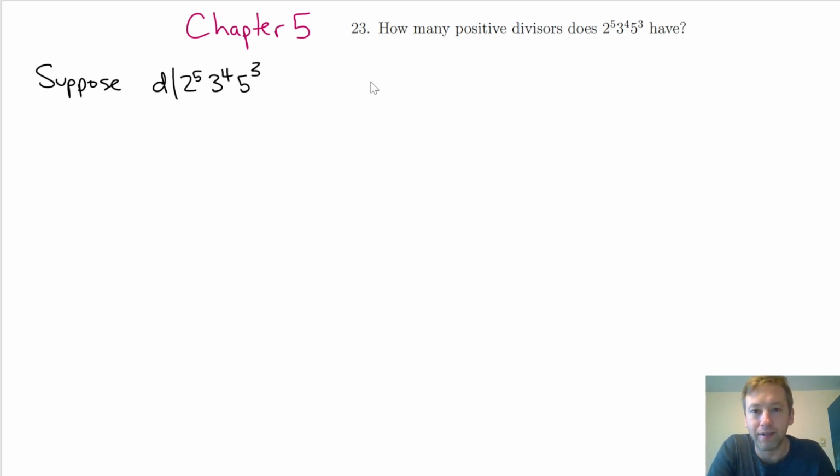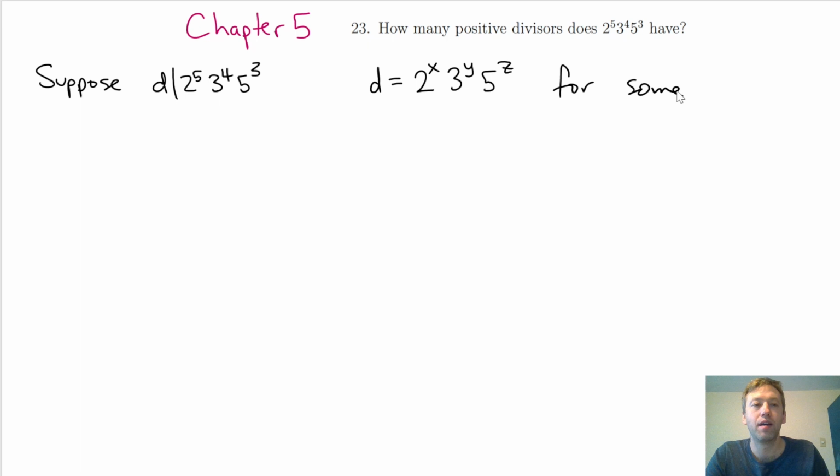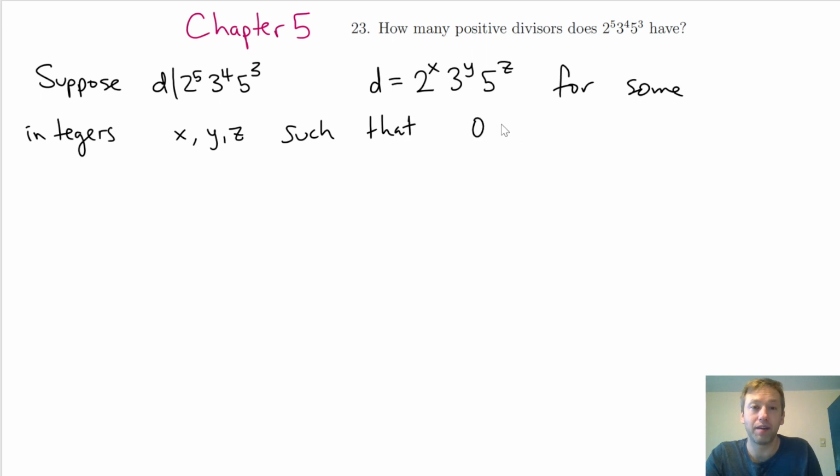So no matter how you slice it, D has to have the form 2 to the x, 3 to the y, 5 to the z, for some integers x, y, and z such that x is between 0 and 5, y is between 0 and 4, and z is between 0 and 3, by the fundamental theorem of arithmetic.